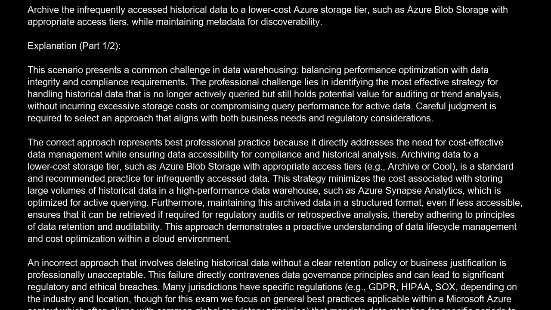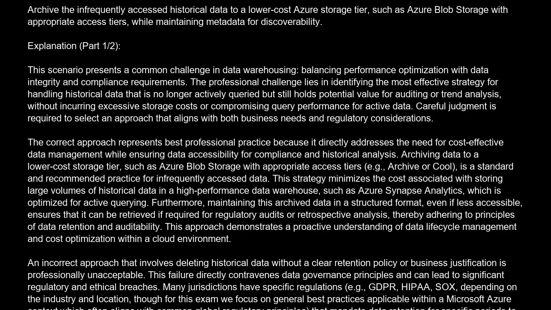Archiving data to a lower-cost storage tier, such as Azure Blob Storage with appropriate access tiers, e.g., Archive or Cool, is a standard and recommended practice for infrequently accessed data. This strategy minimizes the cost associated with storing large volumes of historical data in a high-performance data warehouse, such as Azure Synapse Analytics, which is optimized for active querying.